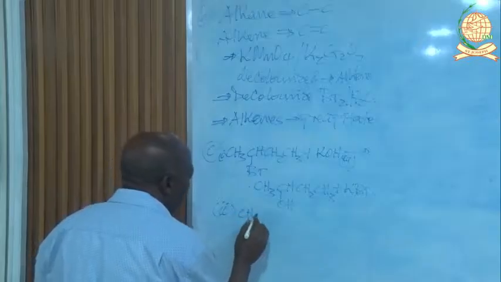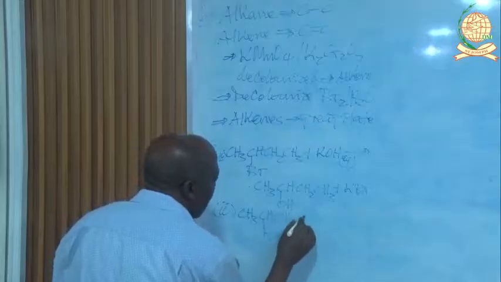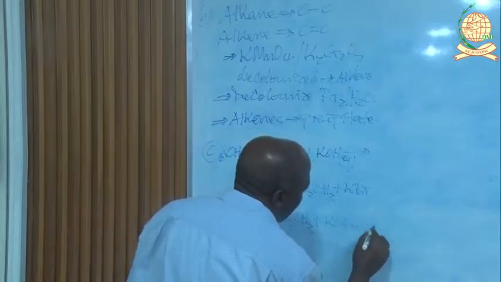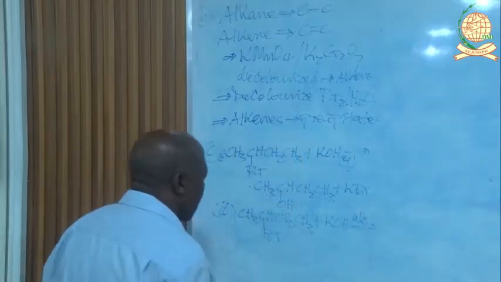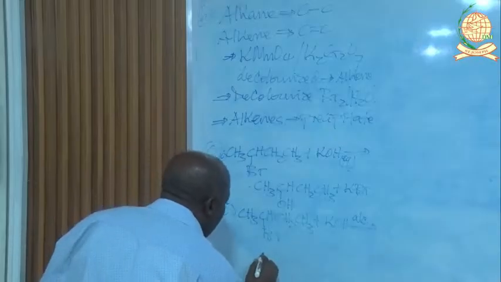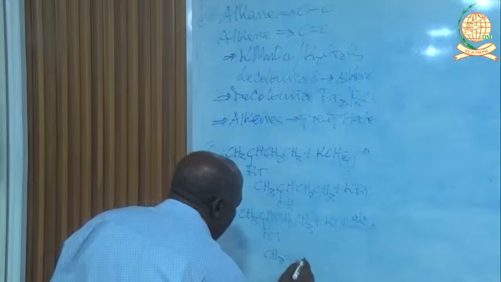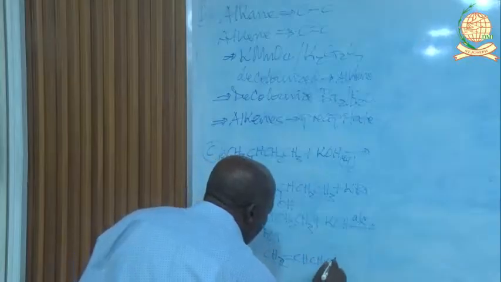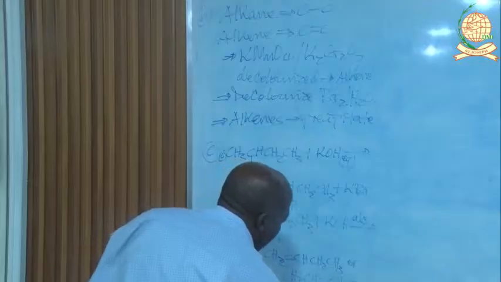Then if now 2-bromobutane, CH3, CH, Br, is allowed to react with the potassium hydroxide solution in the presence of alcohol, then here what happens is an elimination reaction. As a result, two products will be formed: CH2 double bond CH, CH2, CH3, or CH3, CH, double bond CH, CH3.